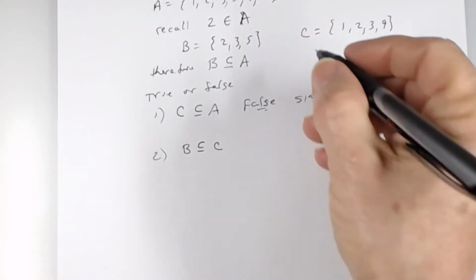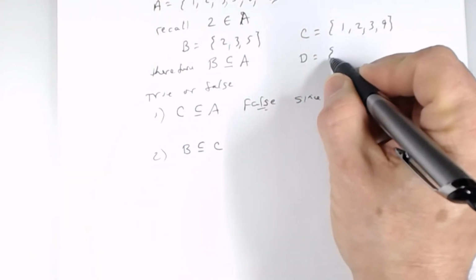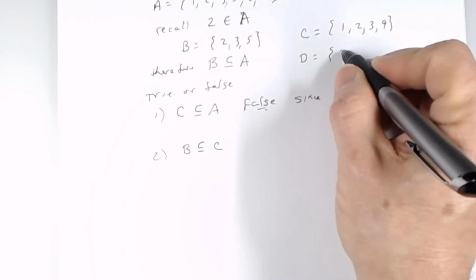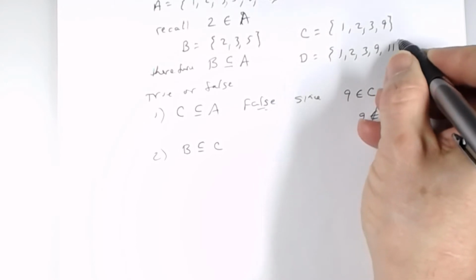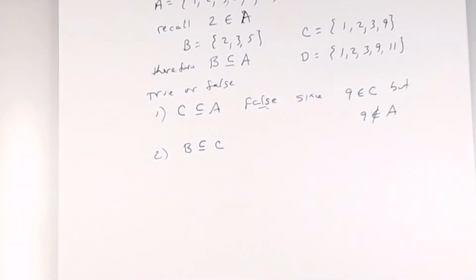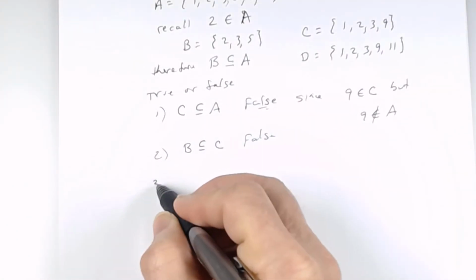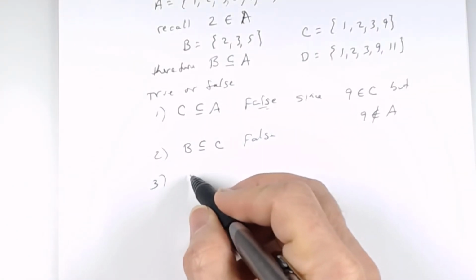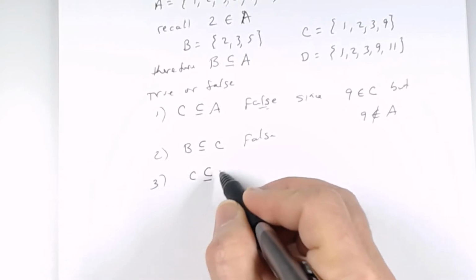Good. All right, let me make a D and then we'll be done with that little part. Suppose D was 1, 2, 3, 9, 11. Okay, true or false? So that's false, right? Number 3, true or false? Is C a subset of D?